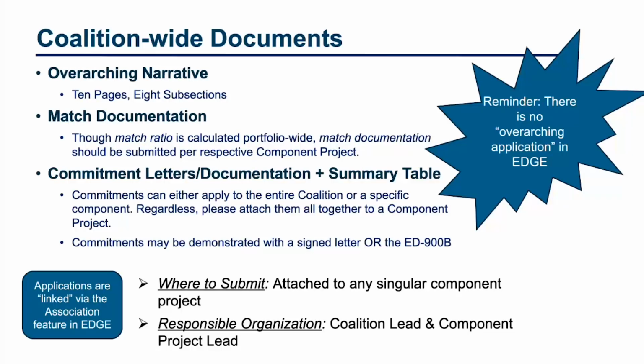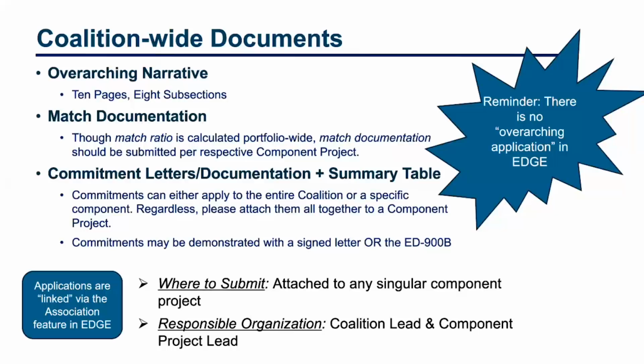The next thing that is considered coalition-wide is our match documentation. For the coalition, you can have match calculated at the coalition level. You don't have to have it per project per se, however, you are more than welcome to do that. The match documentation should be submitted with its respective component projects, however.